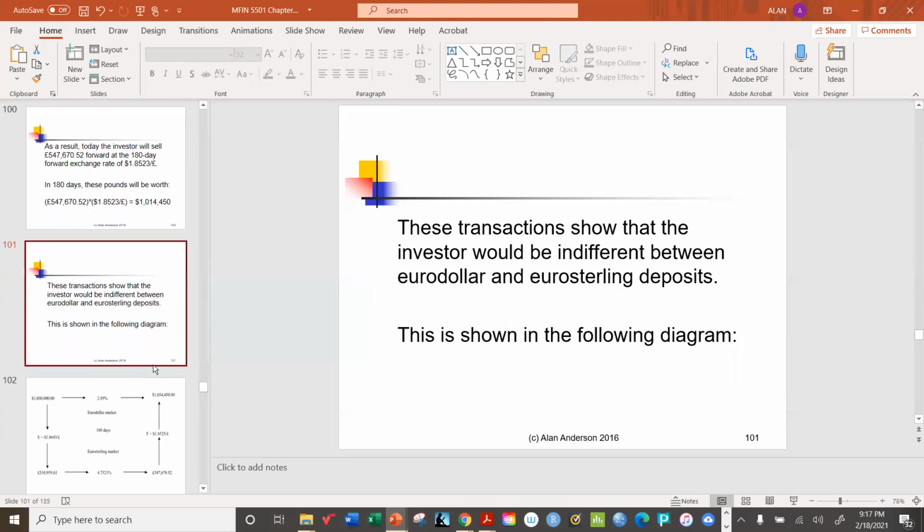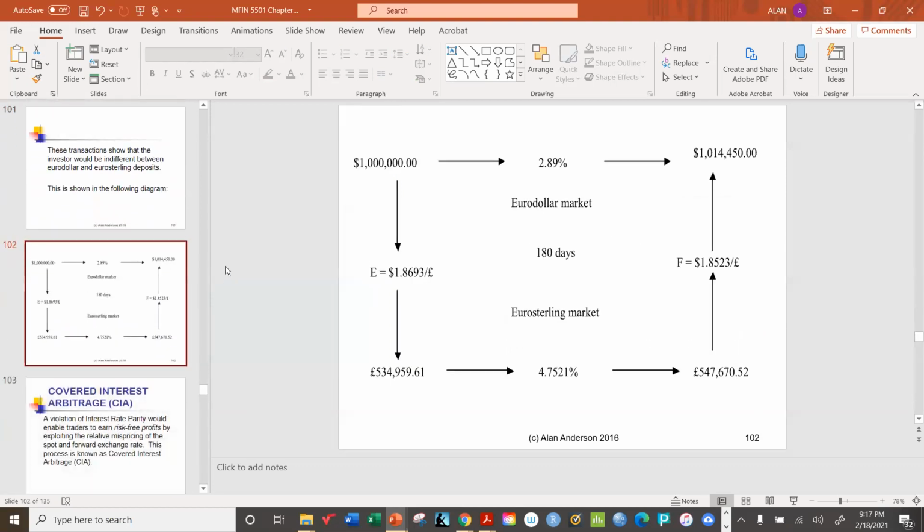Now, there's a diagram we can use that'll help us visualize what just happened. Across the top, I kept my money in euro dollars very simply for 180 days, and I wound up with $1,014,450.